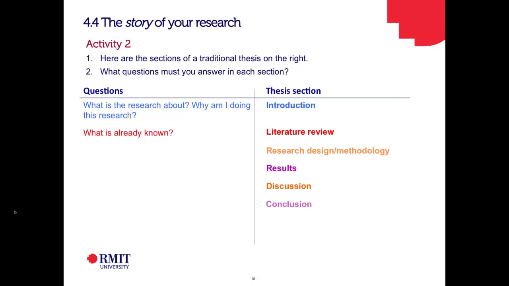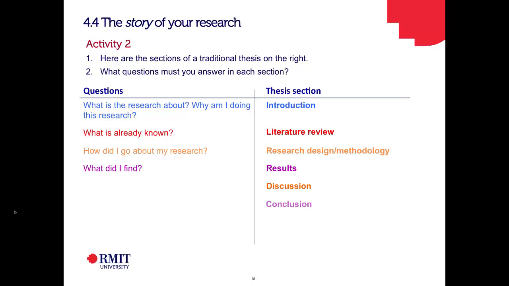Next, the literature review answers the question, what's already known about this topic? The research design and methodology section answers the question, how did I go about my research? What did I do? The results of implementing the methods answers the question, so what did I find?